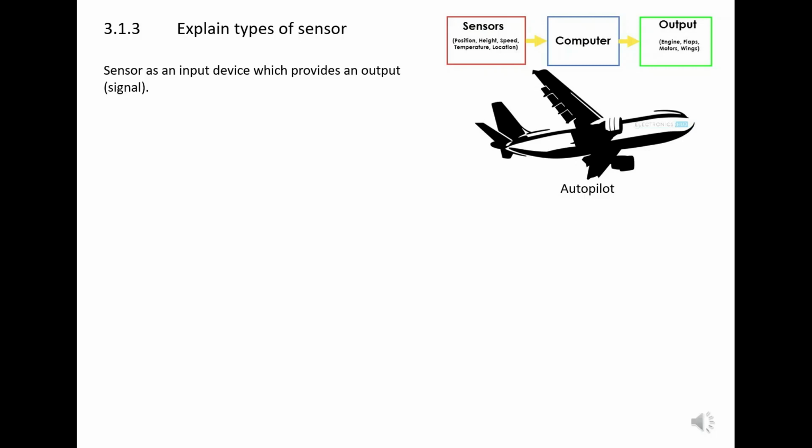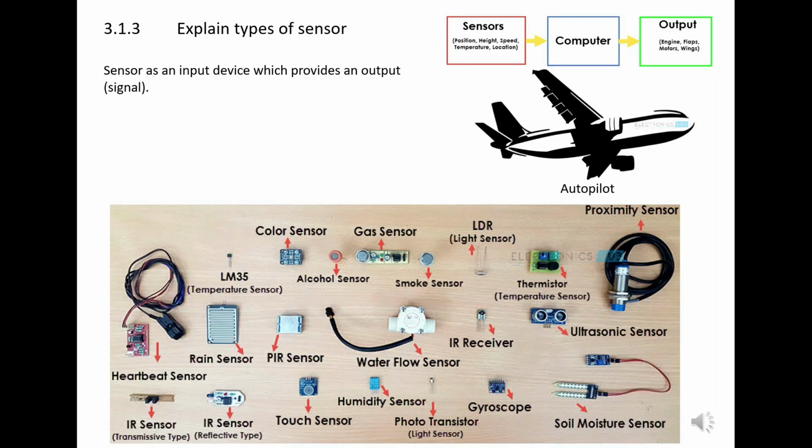Daripada gambar yang saya tunjukkan ini, kita dapat lihat betapa banyaknya sensor yang telah dicipta. Semua ini dicipta bertujuan untuk pengawalan secara automatik lah. Biasanya projek-projek pelajar ada juga yang menggunakan sensor dalam projek mereka.